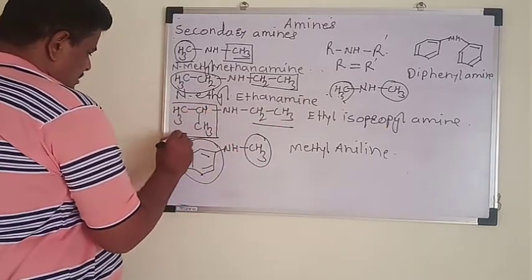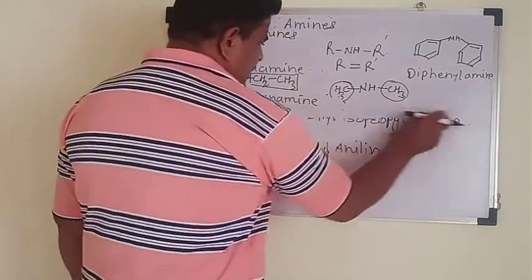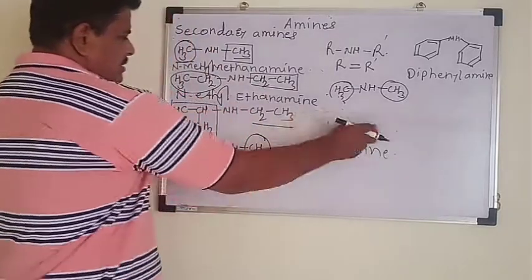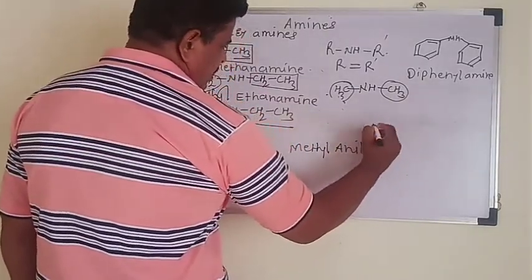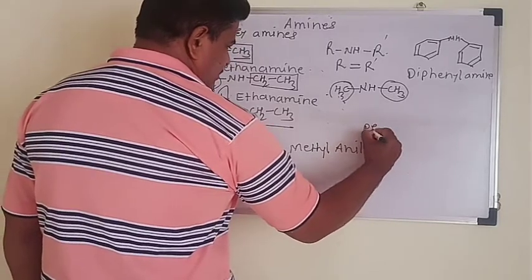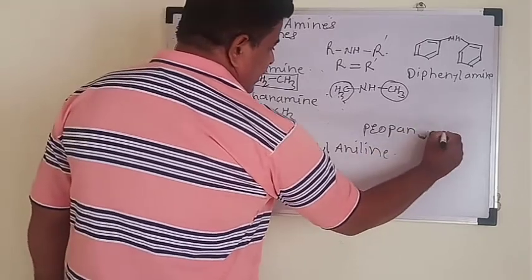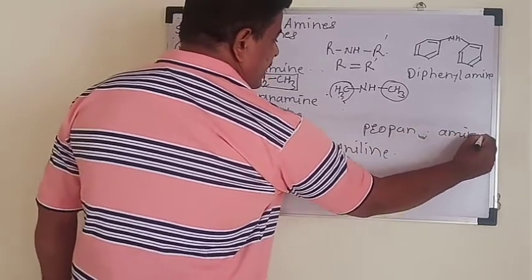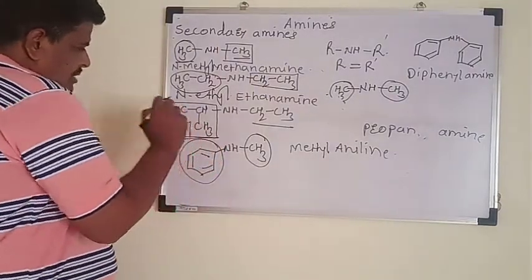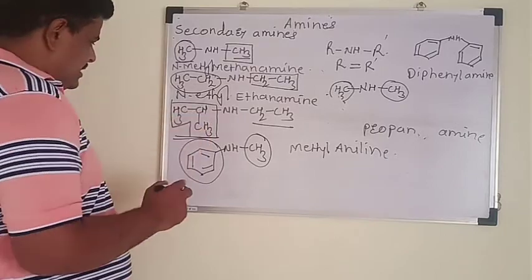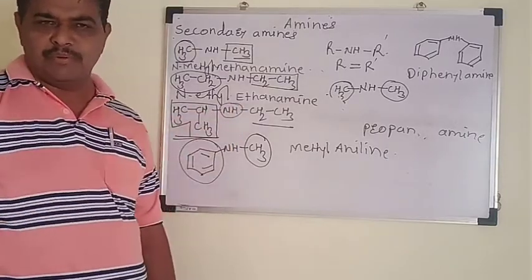So you have to select this longest chain of carbon, and this longest chain of carbon is 3 carbon. So its name of the parent hydrocarbon is propane. Replace E by amine. So it becomes propanamine. Now here, give numbers to the longest chain in such a way that carbon at which this nitrogen is attached should have minimum possible number.